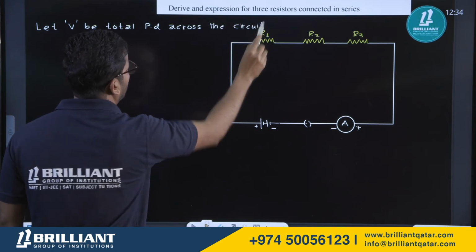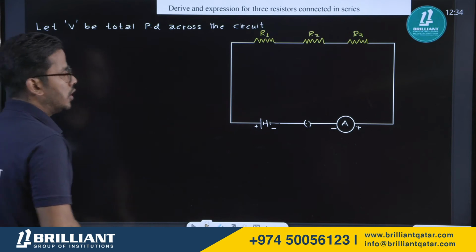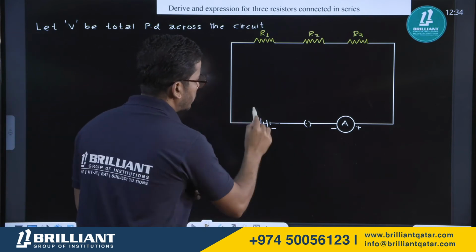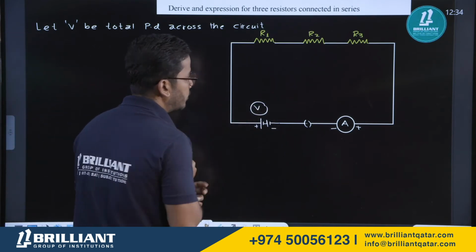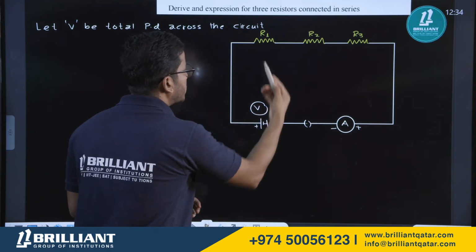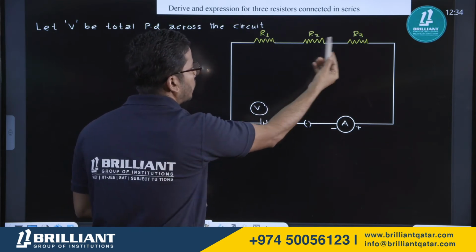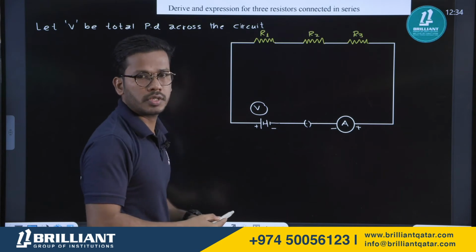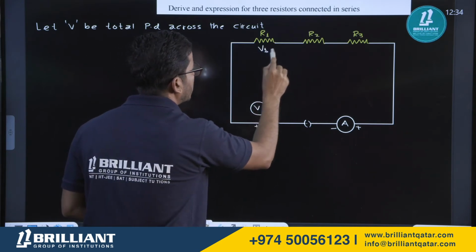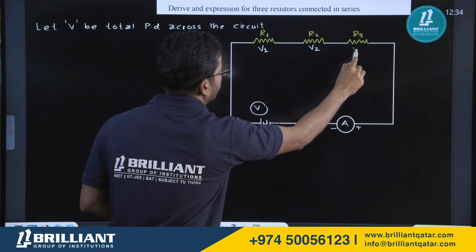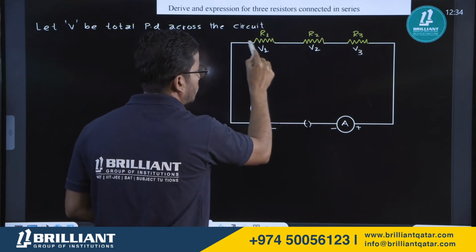So I consider V to be the total potential difference across the circuit. So if V is the total potential difference of the circuit, will this total potential difference remain the same across R1, R2 and R3? You will tell me no, sir, right? So let me take V1, let me take V2, let me take V3.